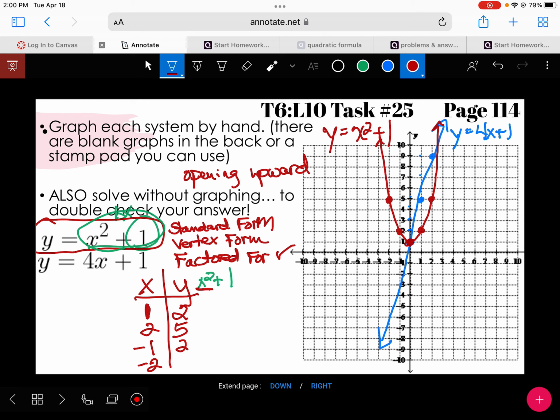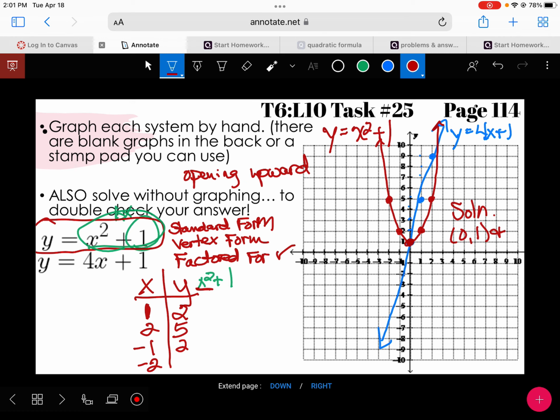Okay? So graphing these systems of equations, this is what we come up with. In this particular one, our solution, which it doesn't even ask us for, would be where they intersect. Okay, so your solution is definitely going to be 0, 1, and I can't really tell.